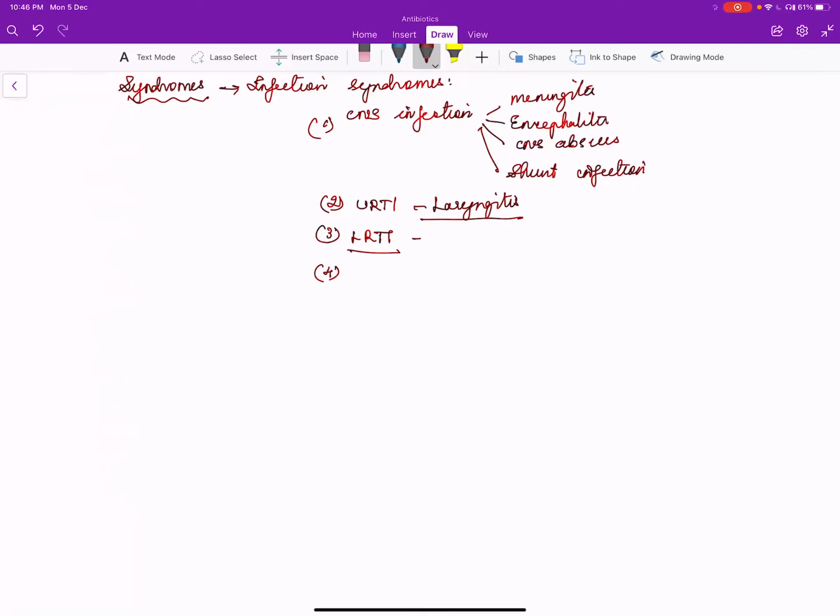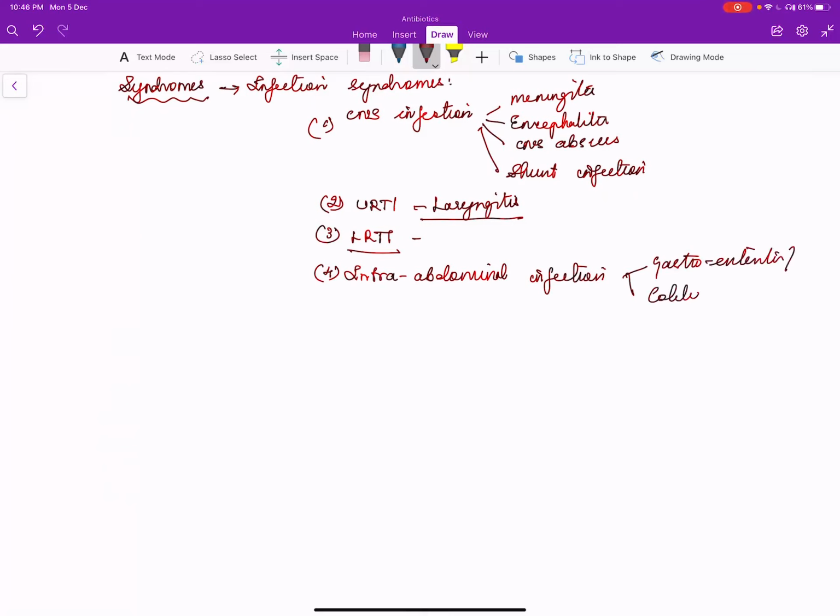Below the lungs we have the GIT, intra-abdominal. So intra-abdominal infection could be something related to the intestines, like gastroenteritis.